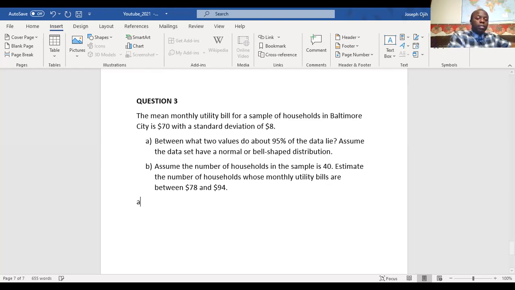Before we start solving it, solution: we have that the mean is $70 and the standard deviation is $8.